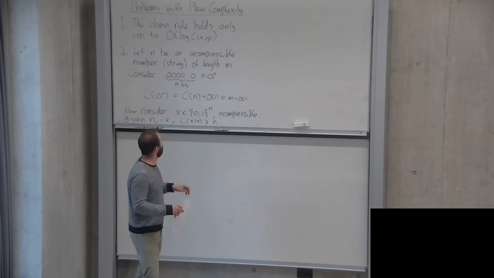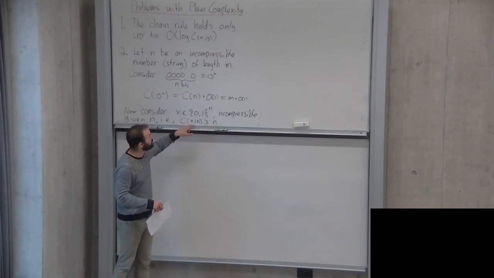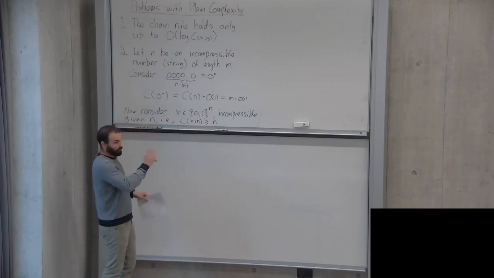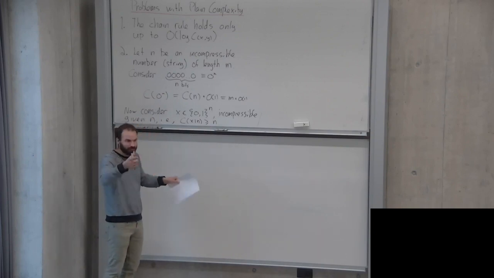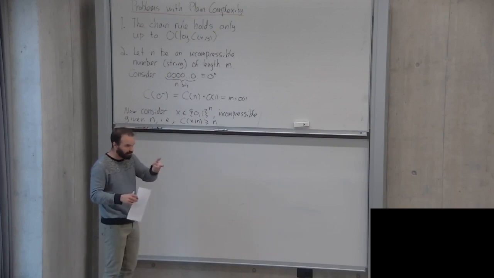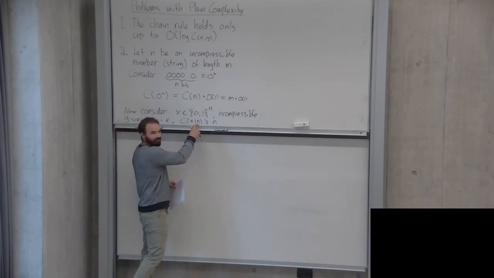Now, the fact that I demand not only that C of x is larger than n, but that C of x given n is larger than n, means that x is a random string. Think of it as patternless, plenty of zeros and ones. But the patterns within the zeros and ones in x have nothing to do with the length of the string.